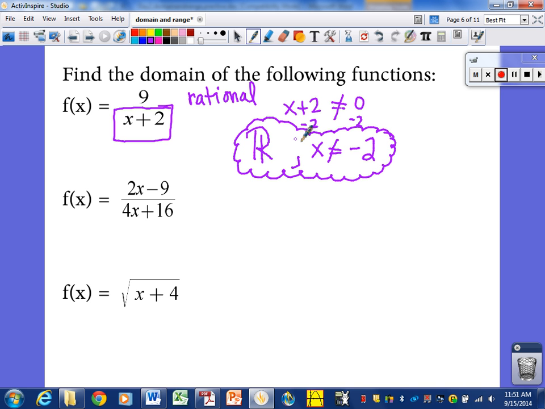Any number you want to except for negative 2. Negative 2 is the number that makes the denominator equal to 0. So we have to throw that one out. That one is not allowed. That's the restriction. So any number you want to is fine except for negative 2. Negative 2 is not allowed.